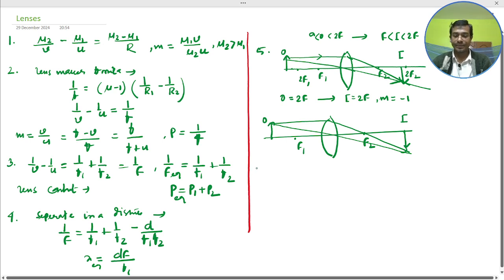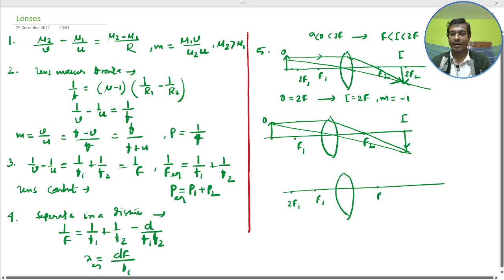That next one, at focus, this is very important. So this is a lens, and this is f1 to f1 and on this side f2 to f2. The object is at f1. Light goes in this direction, just draw the ray here.